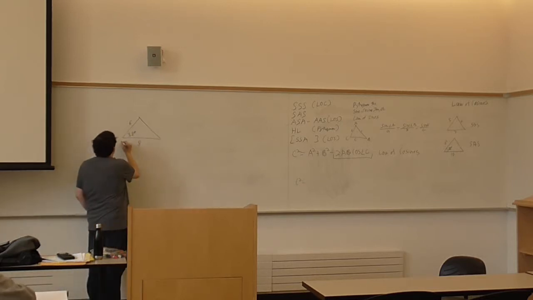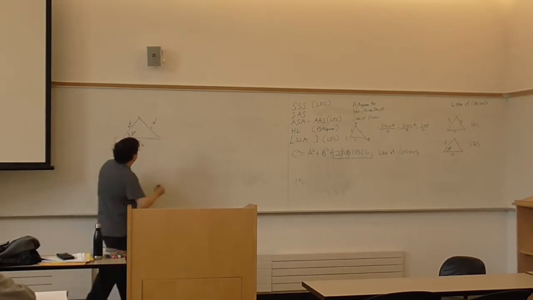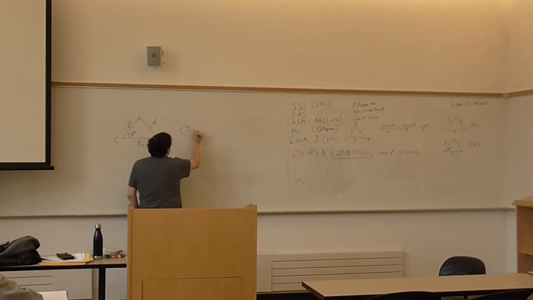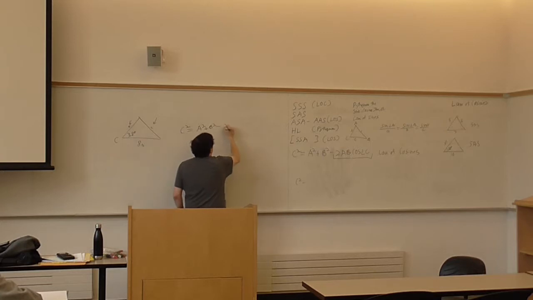Well, let's call this C. Little C, little A, little B. So let's try and find C here, all right? C squared, again, A squared plus B squared minus 2AB cosine angle C.